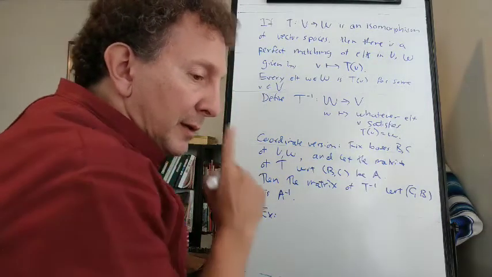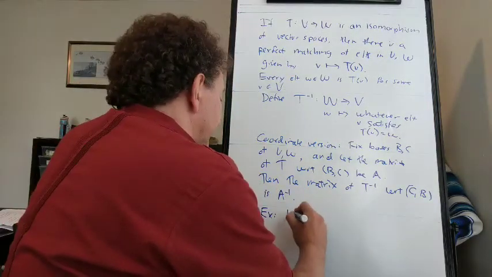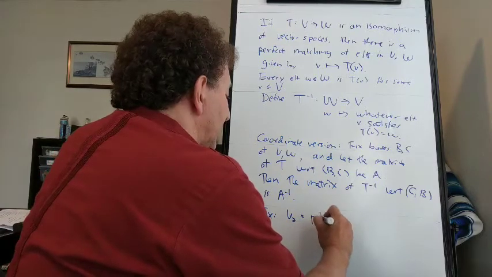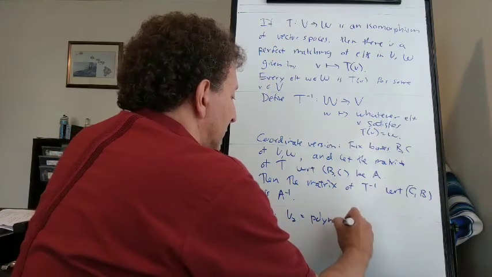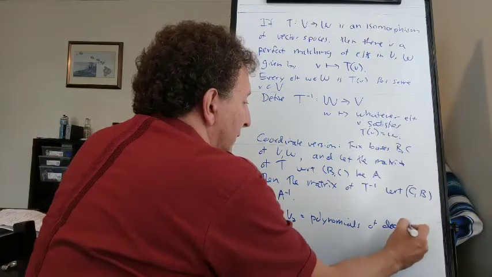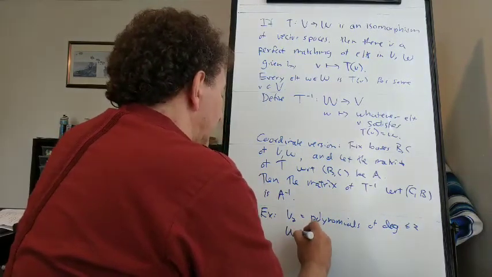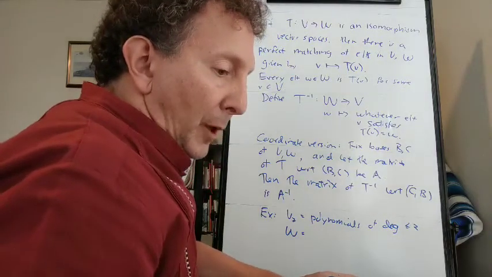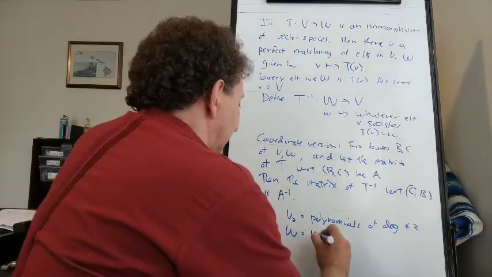So for example, let's let V2 be polynomials of degree at most 2, and let's let W be upper triangular 2 by 2 matrices.